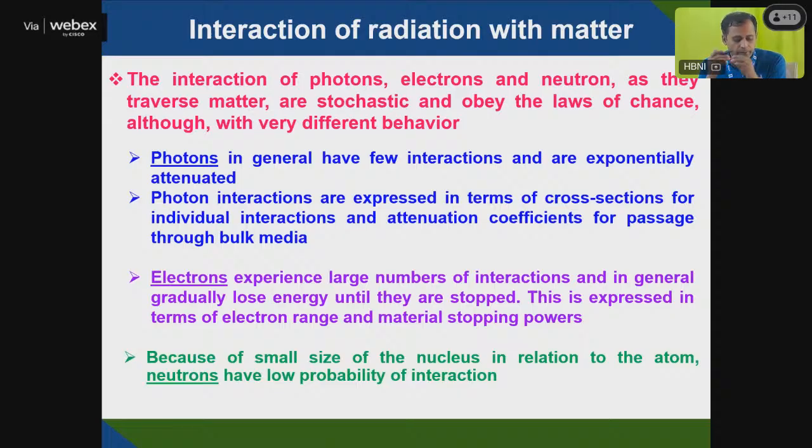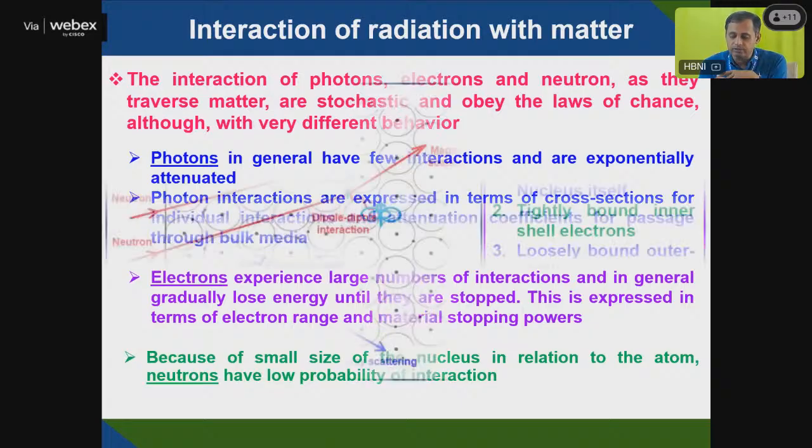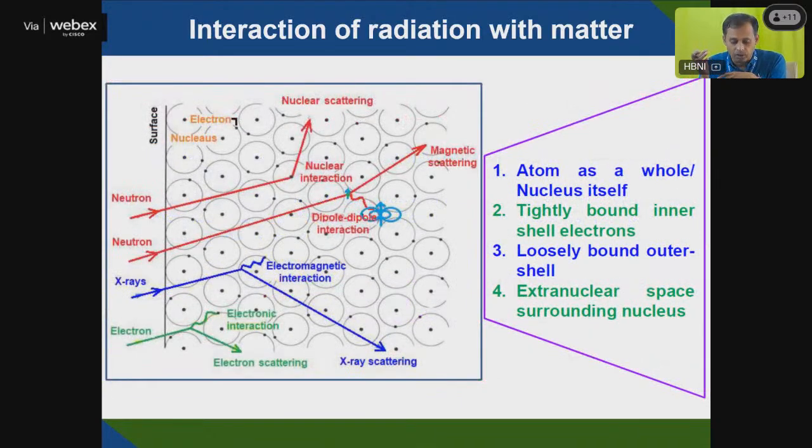Then we have the neutron. There is a very small nucleus inside relative to the whole atom, so neutron interaction has a very low probability. In any case, electron interaction will be predominant among the three.